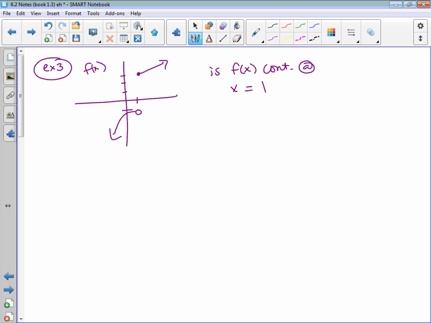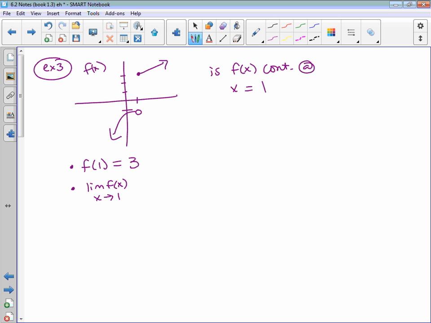So if we go through this one, first we have to find f of 1. What is f of 1? 3. Okay, so we're okay on that one. And then our limit. The limit of f of x as x approaches 1 does not exist. Everybody see that?